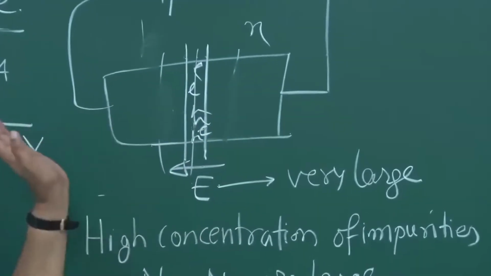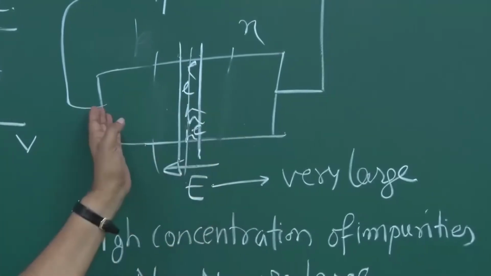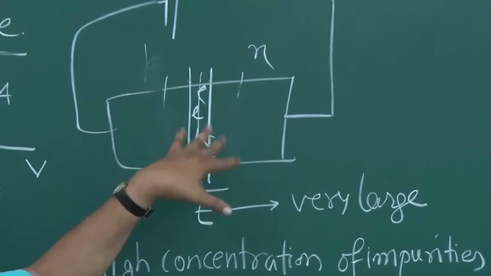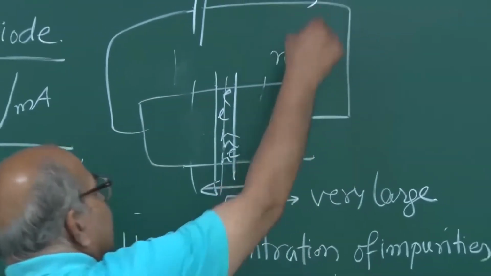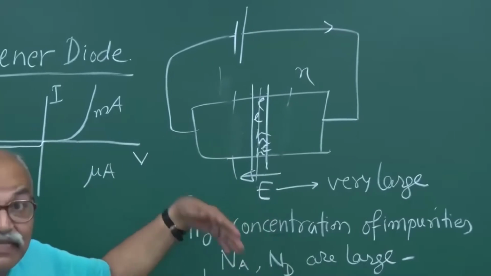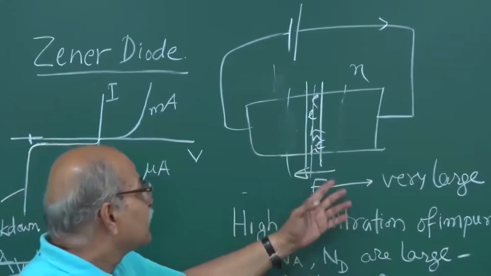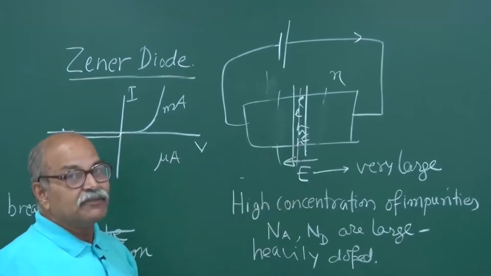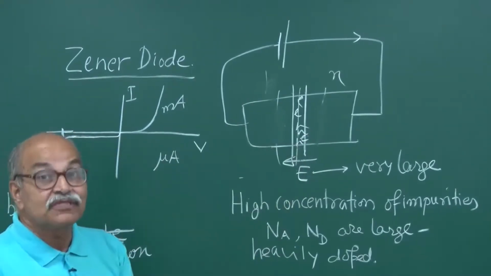So the electrons are going opposite to this, holes are going in the direction of the electric field, and so the current goes in the conventional direction, and that current can be very, very high. But the potential difference across this diode remains almost fixed.